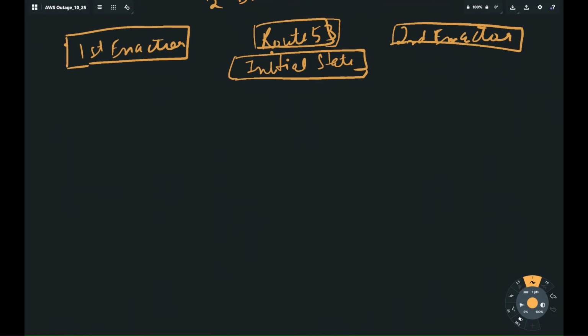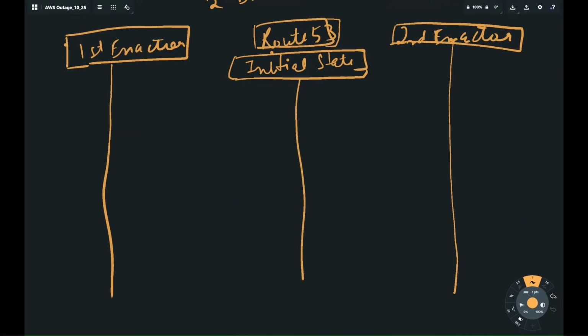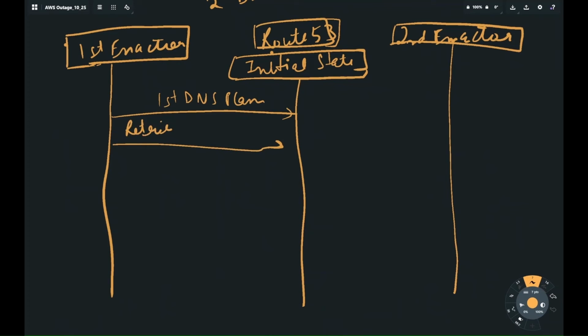Now, the first enactor, let me draw this. The first enactor tried updating the first DNS plan, but there were some issues in that first enactor's processing, and because of multiple retries, the processing was delayed.